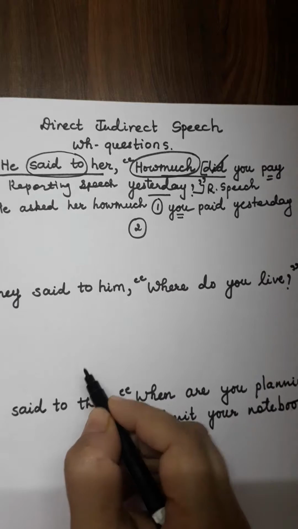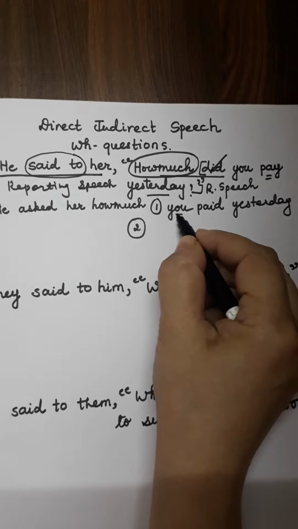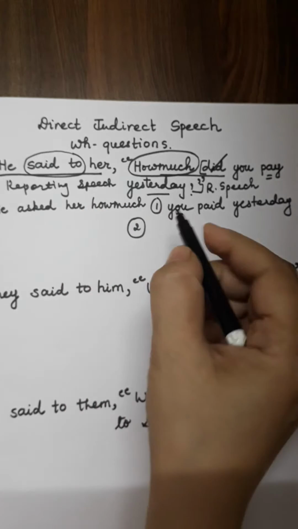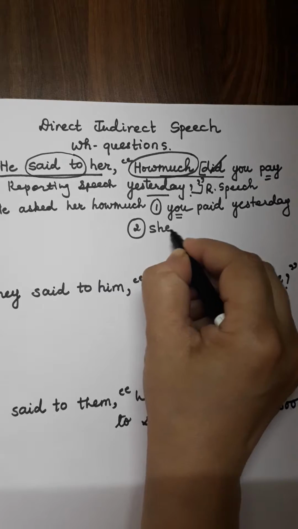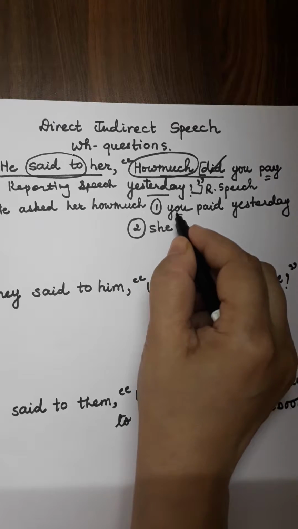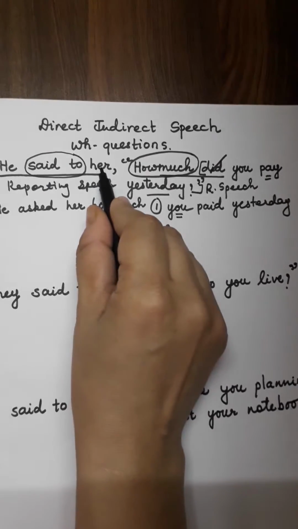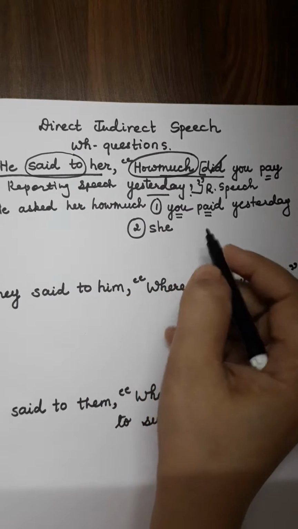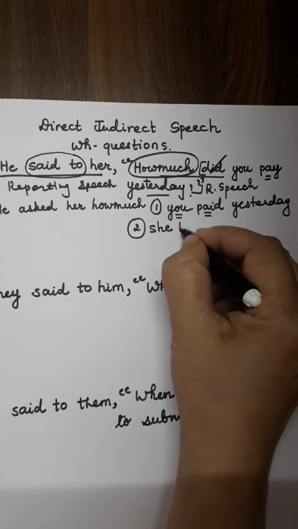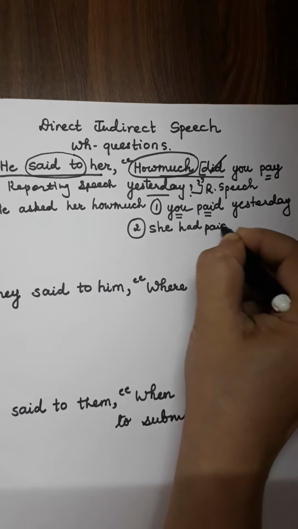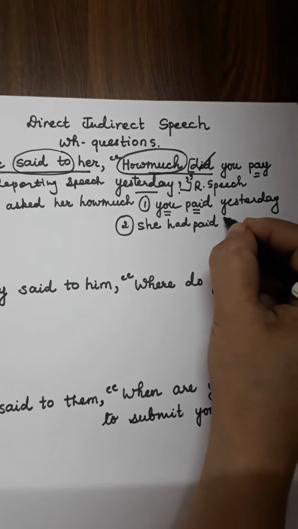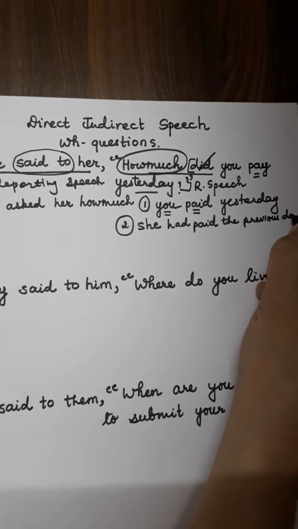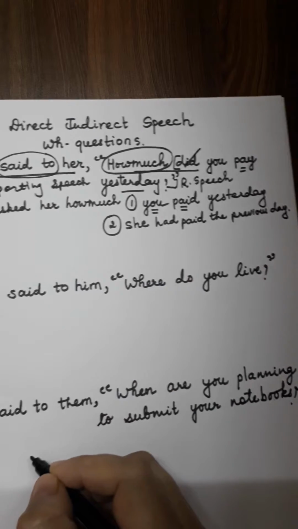We know that you is the second person pronoun. So whenever we have a second person pronoun, we have to see the listener. Who is the listener? The listener is her. So you becomes she because you is in the place of subject. So here we have to use the subjective pronoun of her, and that is she. Paid is in simple past tense, so we have to write it in past perfect. So that becomes had paid. Yesterday becomes the previous day, or we can also write the day before.